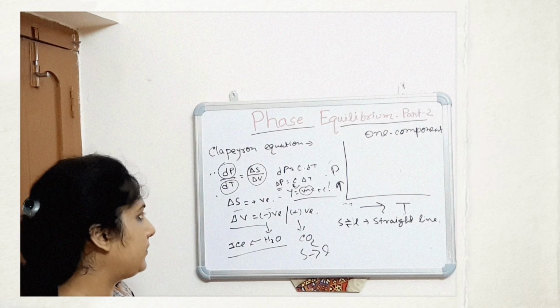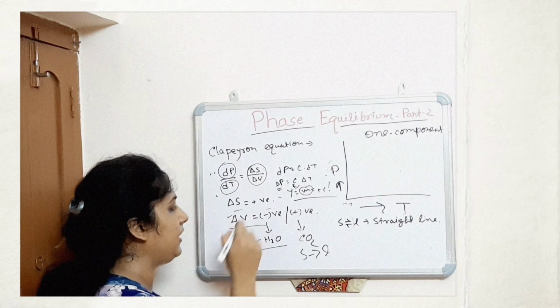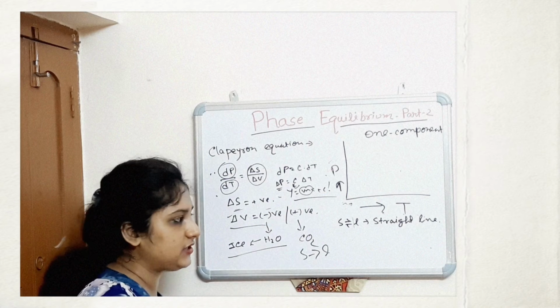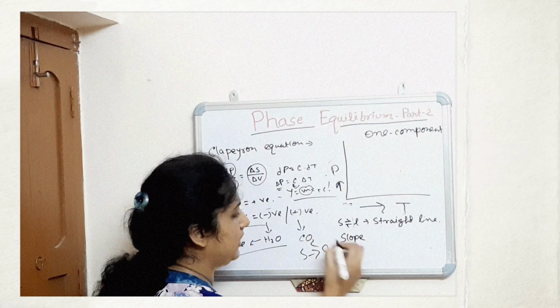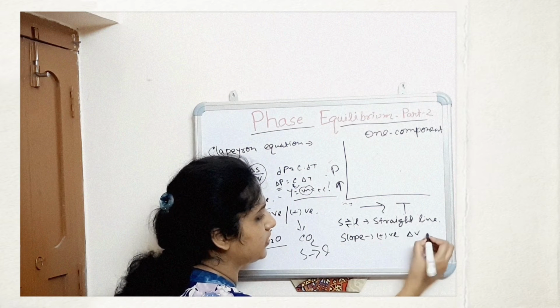The slope of the straight line is del S by del V, and the slope is dependent on the sign of del V, as del S is always positive. So when del V is positive, the slope is positive.